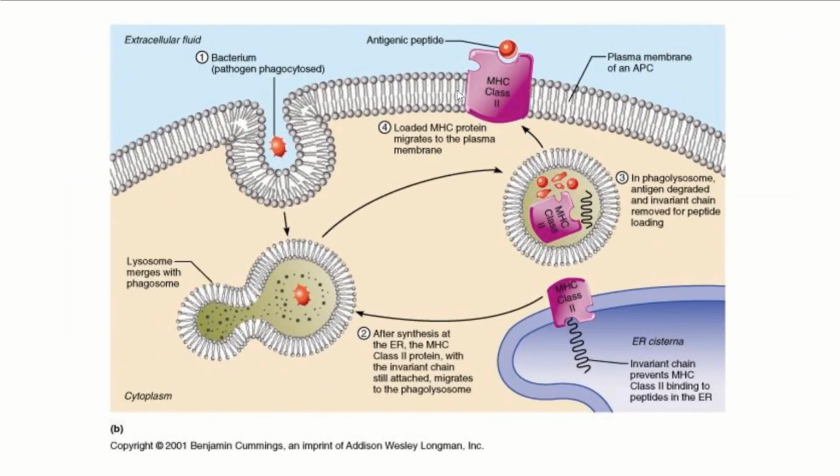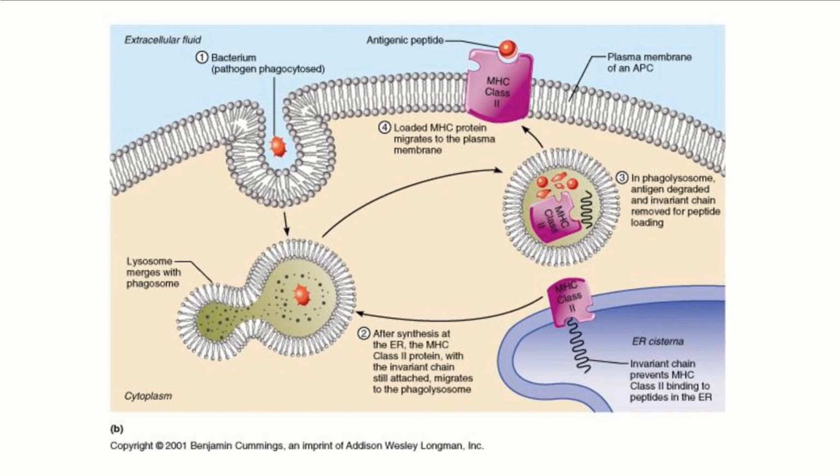And where those get displayed is unique to them. So if you would head to your glossary, and find page 5 in your glossary, you will see MHC class 1 and MHC class 2.